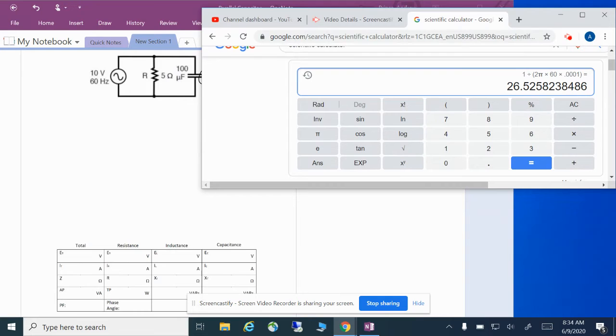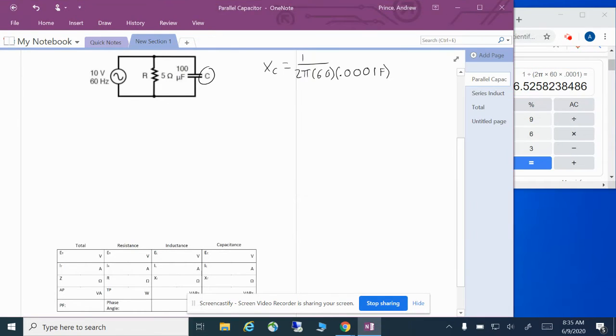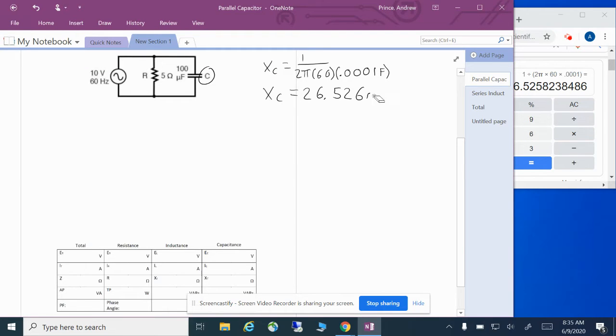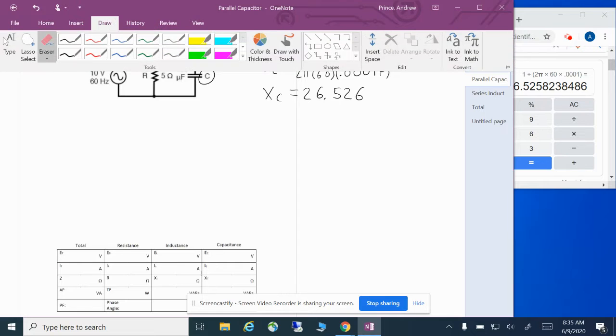Okay. 26.526. The worst looking ohm symbol ever. I think my pen's running out of batteries here.